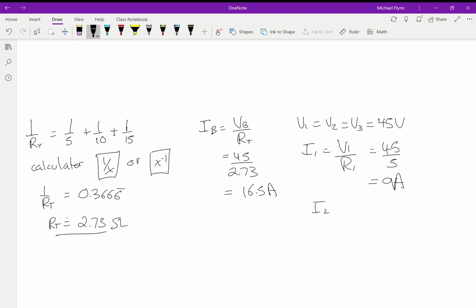I2 would equal 45 divided by R2, which is 10, so that's 4.5 amps. Finally, I3 would equal 45 divided by 15, which is just 3 amps.